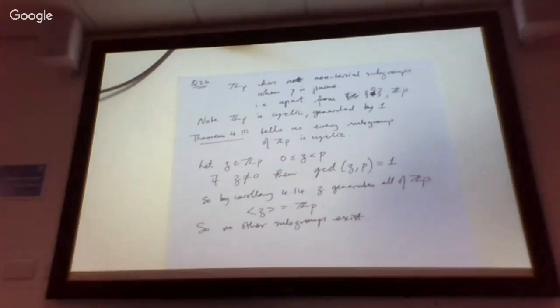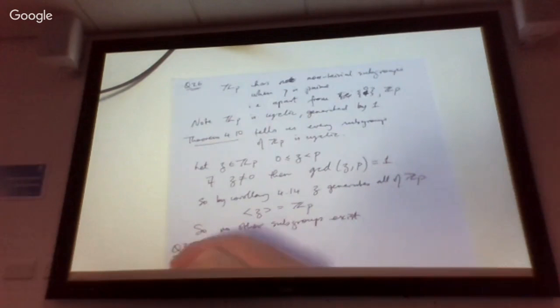If P is a prime number, then Z_P has no non-trivial proper subgroups, i.e., no subgroups apart from the subgroups that we know are always around, which are the trivial subgroup consisting of just the identity element, which is 0 here in the additive group of integers modulo P, and Z_P itself.